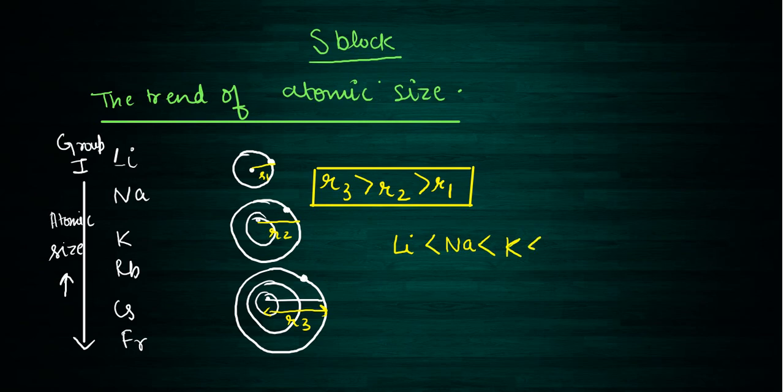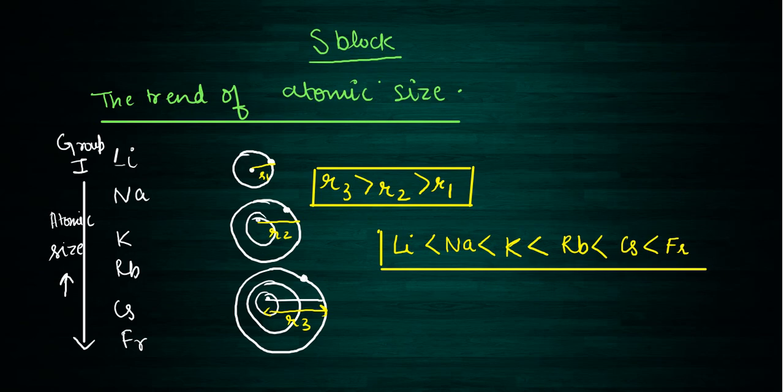And as we go down the group, the number of shells goes on increasing, so the size also increases. Hence, the order of group 1 elements with respect to atomic size comes out to be lithium, then sodium, then potassium, then rubidium, then cesium, and then francium.